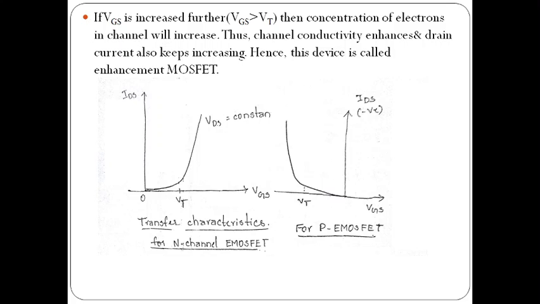After the threshold voltage, the conductivity of the channel increases, and the drain current also increases. You can observe this in the transfer characteristics of the N channel enhancement MOSFET. In this, we draw VGS versus IDS, where VDS is constant.